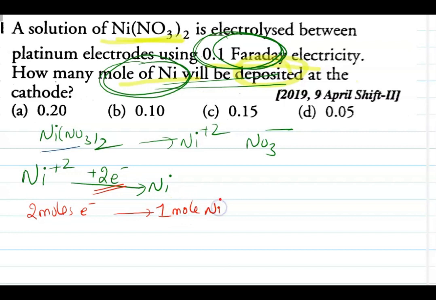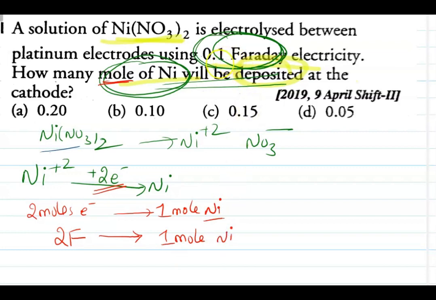It forms 1 mole of nickel because he is asking in terms of moles. If he were asking in terms of grams, we would have taken the atomic mass of nickel. So 2 moles of electrons means how many Faradays? 1 mole has 1 Faraday, 2 moles means 2 Faradays. So 2 Faradays of charge forms 1 mole of nickel.